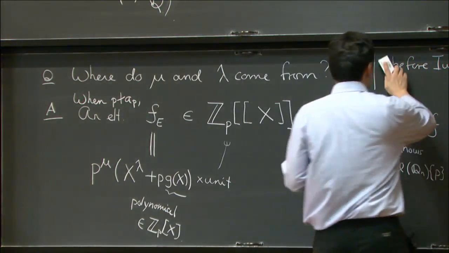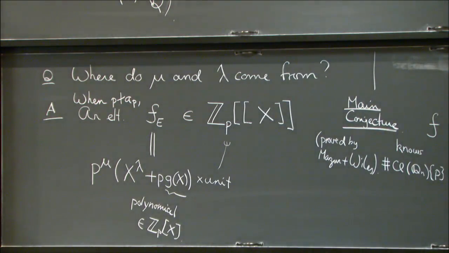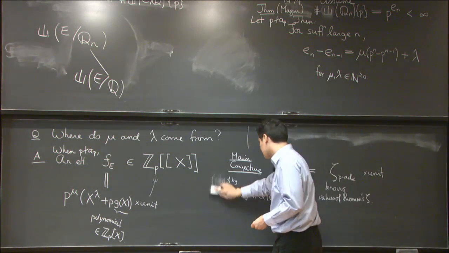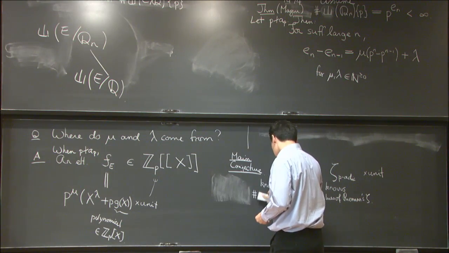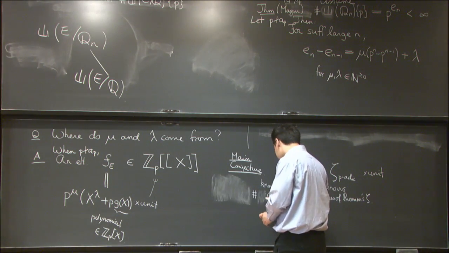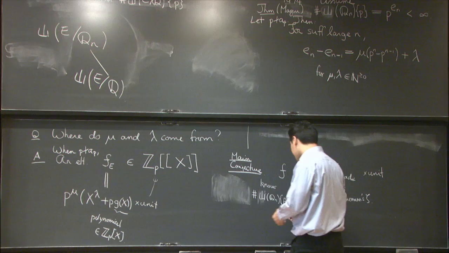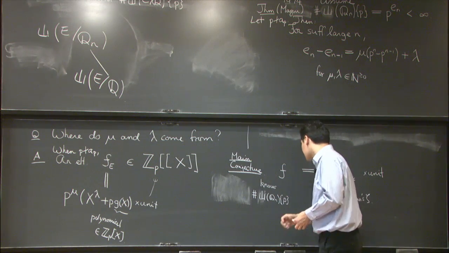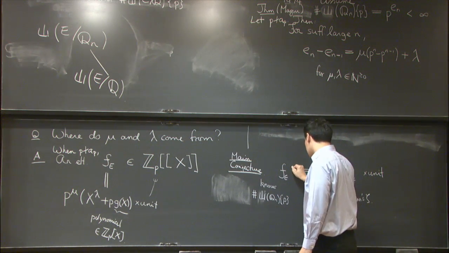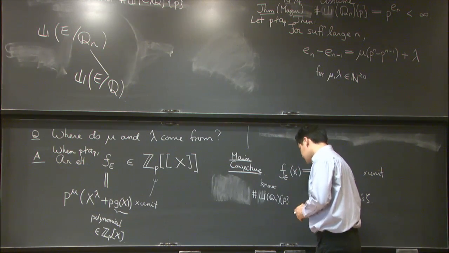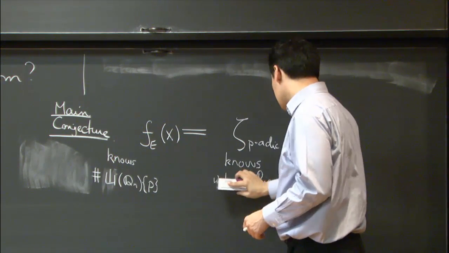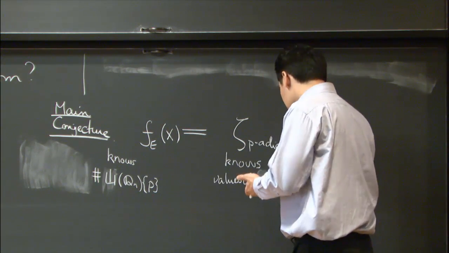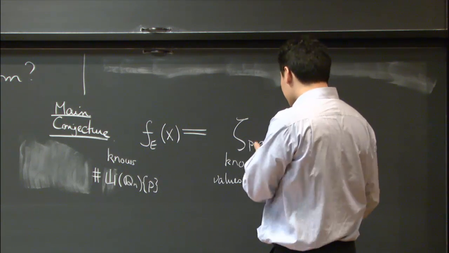You can relate this power series, which now should know the size of SHA for various Q_n, to the corresponding analytic function.